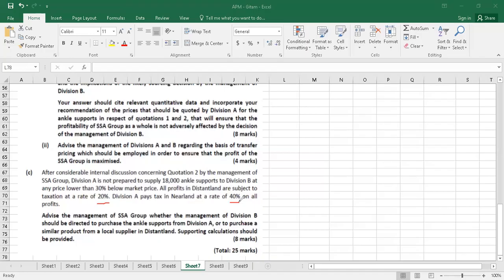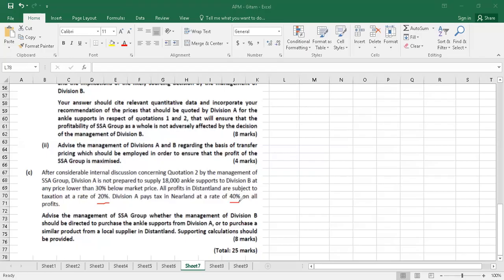See, transfer pricing between units located in different countries usually takes place to avail the tax benefits. It's not that those products are not available in the local market.